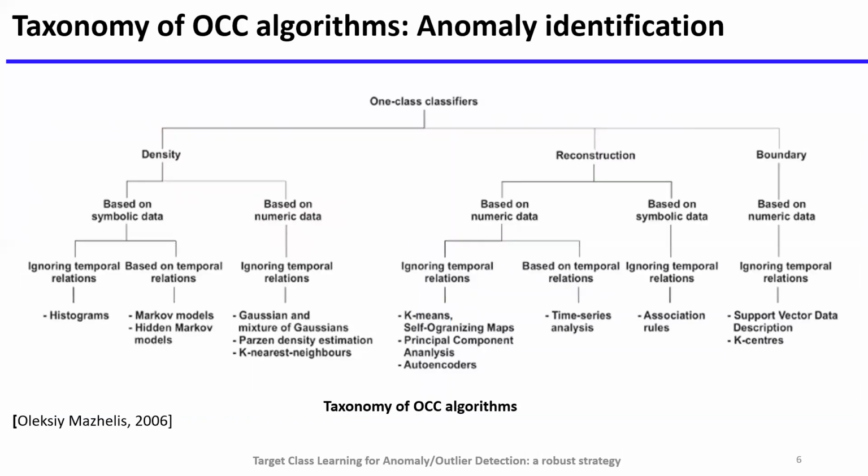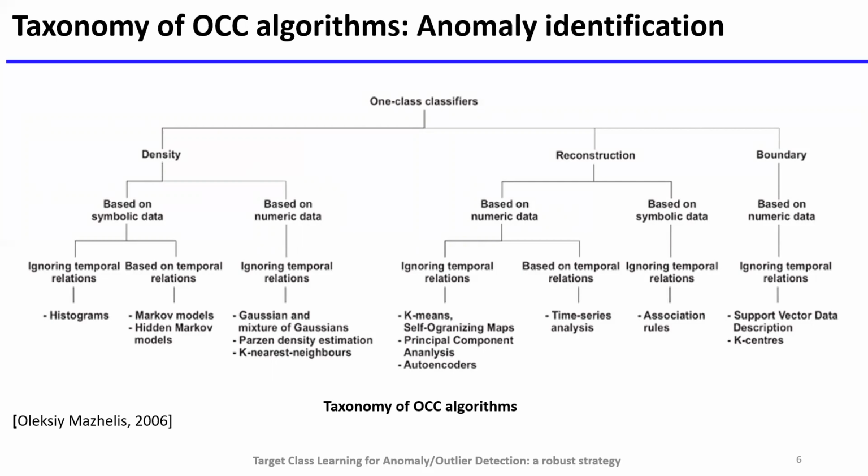So coming to the taxonomy of one class classifiers, we assume that we are equipped with a single class sample, and based on that we must learn something so that we are able to identify whether newly coming samples are anomalies or not. These classifiers may broadly be categorized into three types.